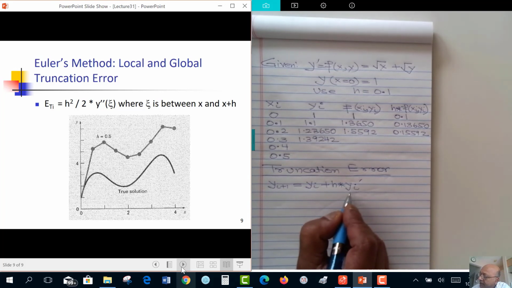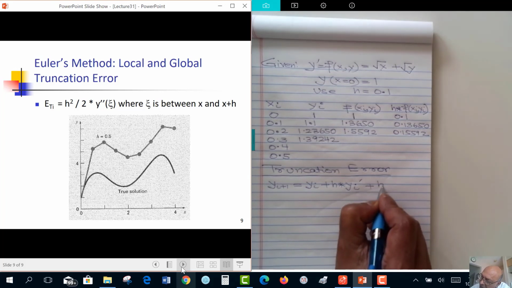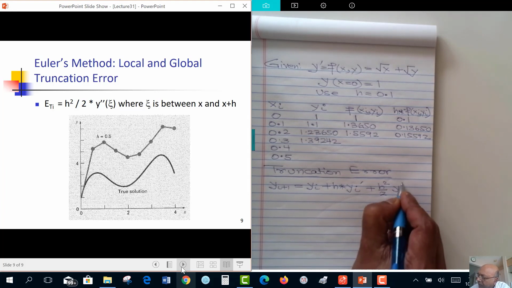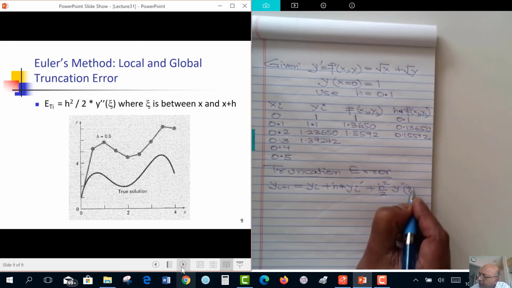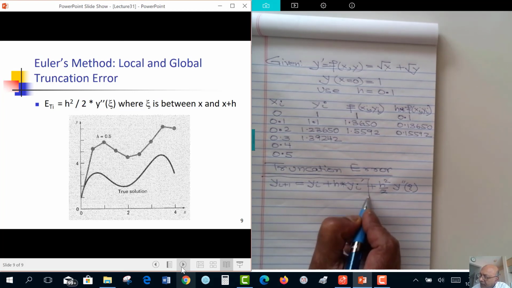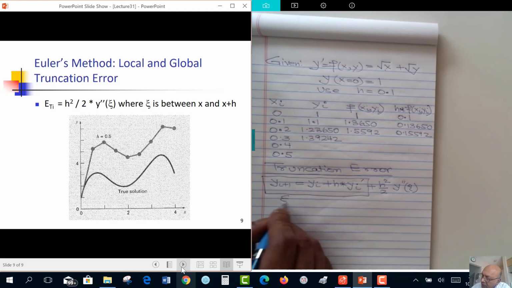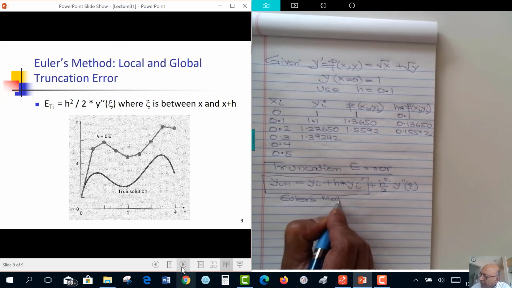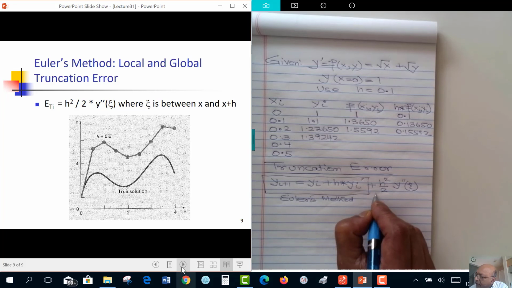Remember that was dy dx, plus h square by 2 times the second derivative, and let's chop the series here. So this is our Euler's method approximation, and this is our truncation error.